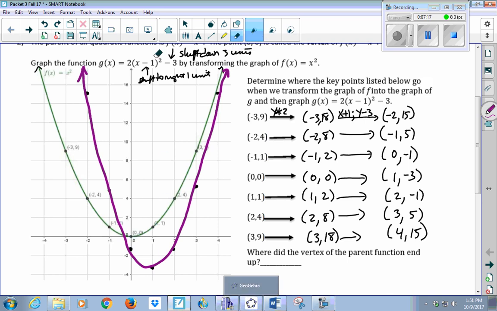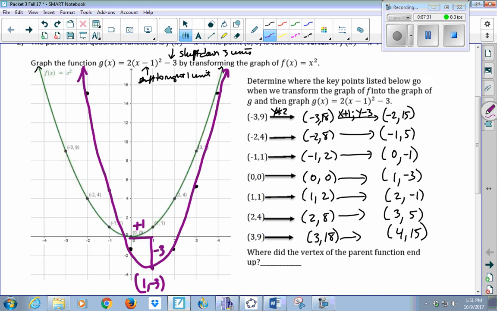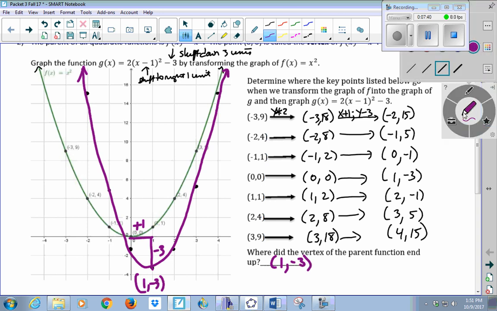Well, let's take a look at that. It ended up shifting 1 spot to the right, and then down 3 units. So our new vertex is at 1, negative 3.